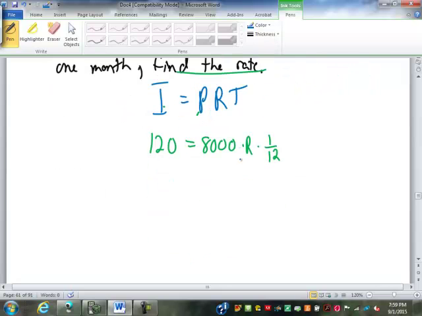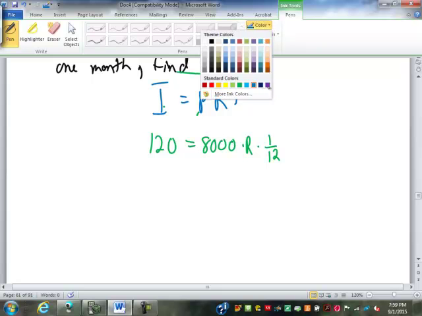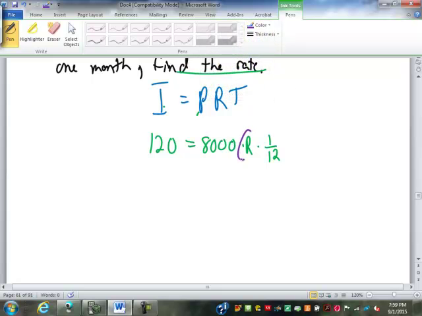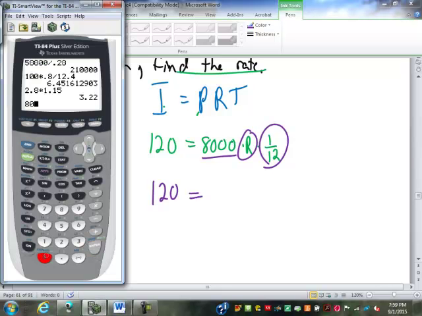So now to solve this, we have R over here that we're solving for. We have the 8,000 and the 1/12. We can combine 8,000 and 1/12 by multiplying them out, which is going to give us 666.666. Now this can cause some small problems.